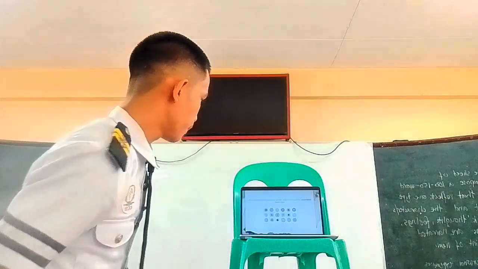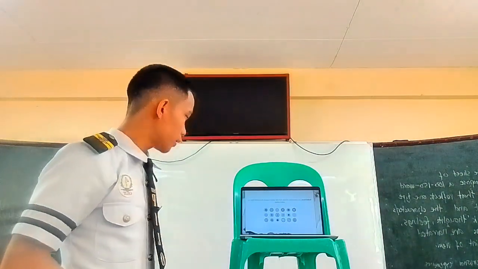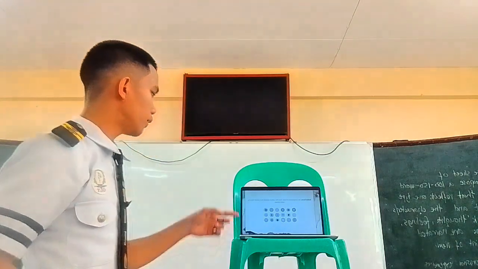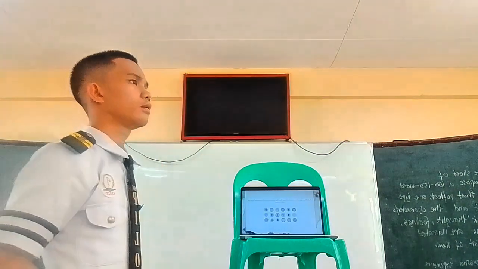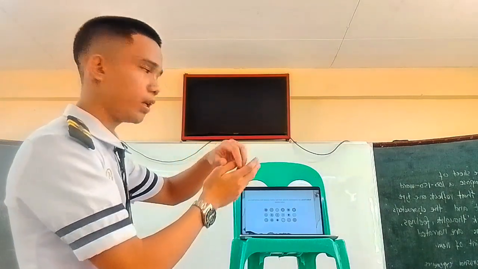So, next, radial forms are compositions of linear forms that extend outward from a central form in a radial manner. Kaning radial forms, mga design na murag fidget spinners type.